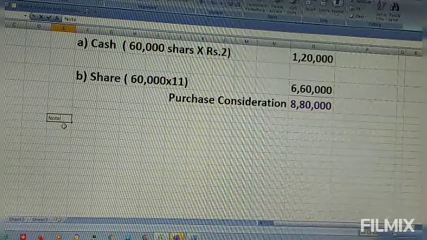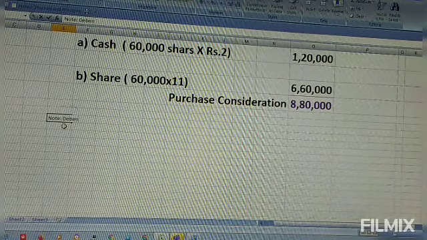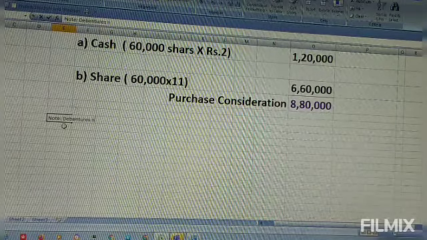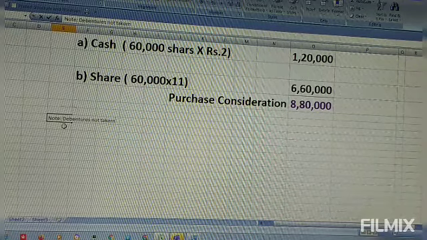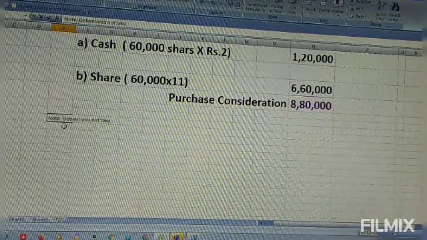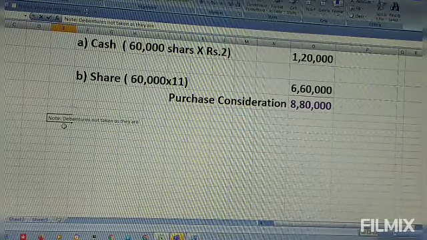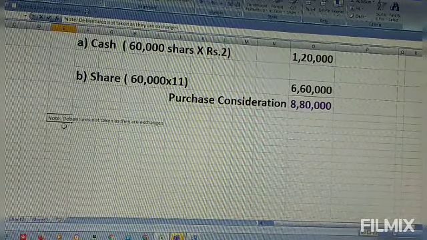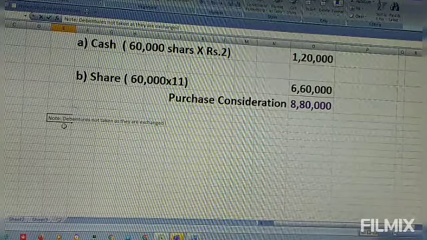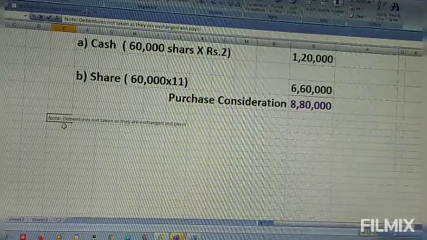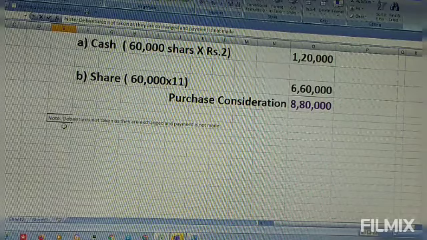Debentures not taken as they are exchanged and payment is not made.